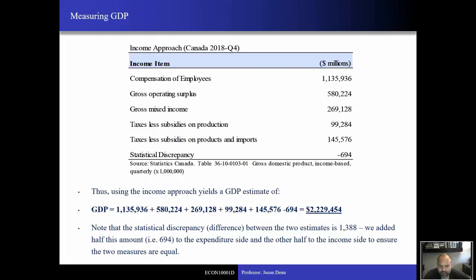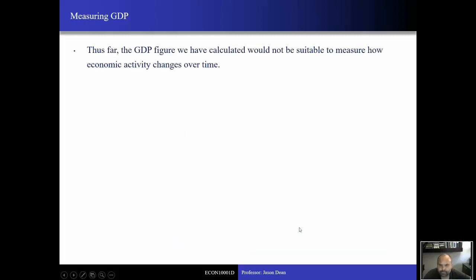So we can get it by adding up all of the expenditures in the economy or adding up all of the incomes in the economy. And if you remember at the beginning of the lecture with the circular flow, we had a really good discussion there about why we would expect these two things to be equal.